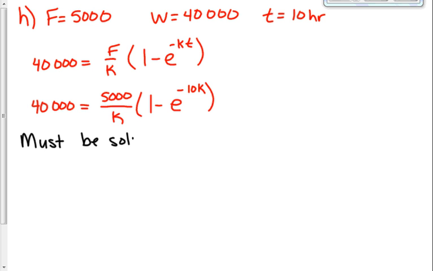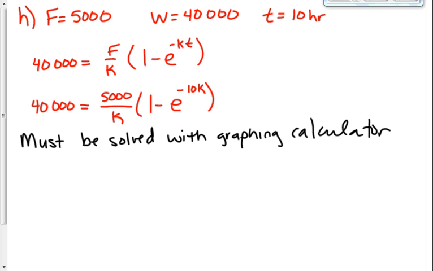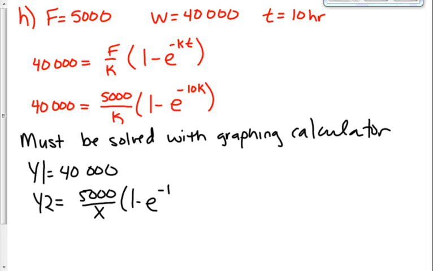So you're going to use your graphing calculator. So put y1 can be 40,000, y2 can be 5,000 divided by x times 1 minus e to the negative 10x, and then do an intersect.